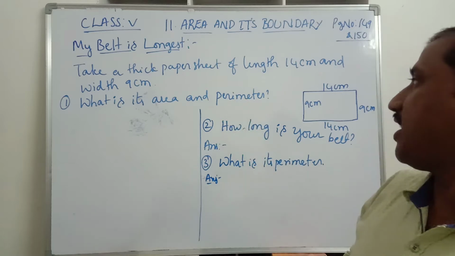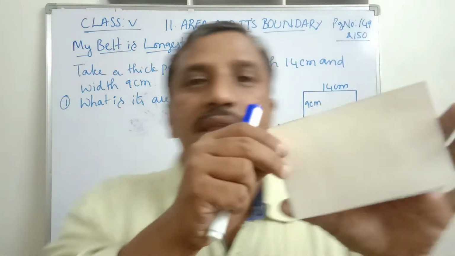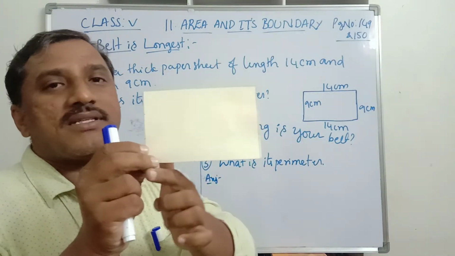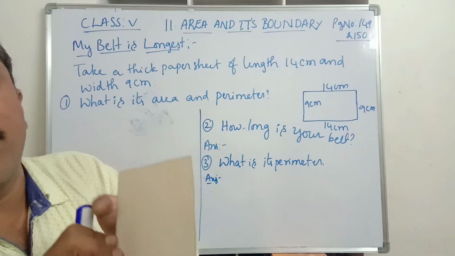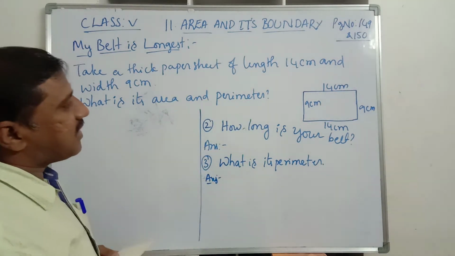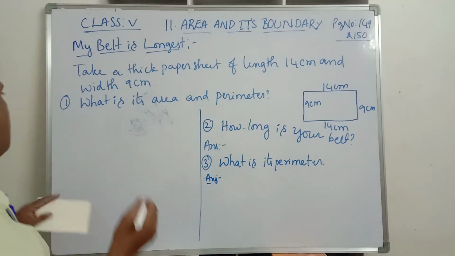What is its area and perimeter? What is the shape of this paper strip? Yes, it is a rectangle. So the area of this paper strip is nothing but the area of the rectangle. Length is 14 centimeters and width is 9 centimeters.